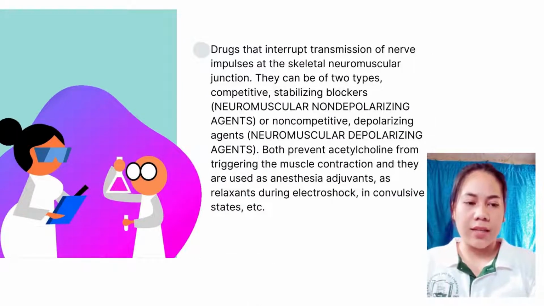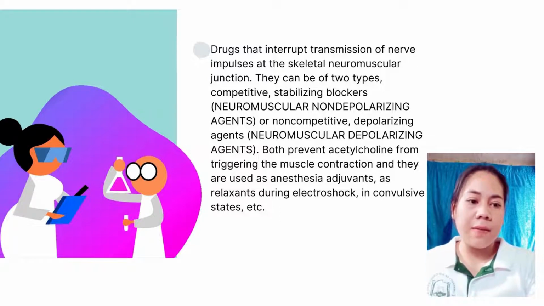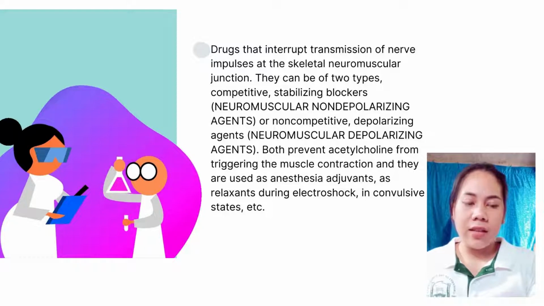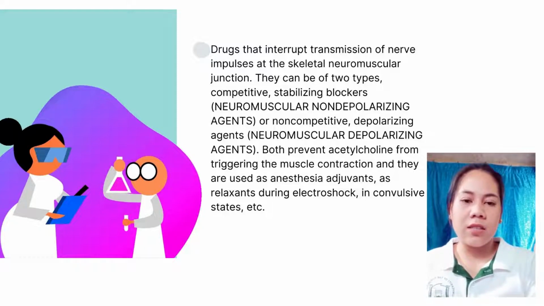Neuromuscular junction blocking agents. So what are neuromuscular junction blocking agents? Drugs that interrupt transmission of nerve impulses at the skeletal neuromuscular junction. They can be of two types: competitive stabilizing blockers or neuromuscular non-depolarizing agents, and non-competitive depolarizing agents or neuromuscular depolarizing agents.